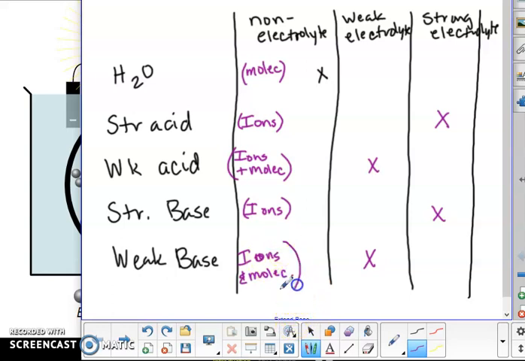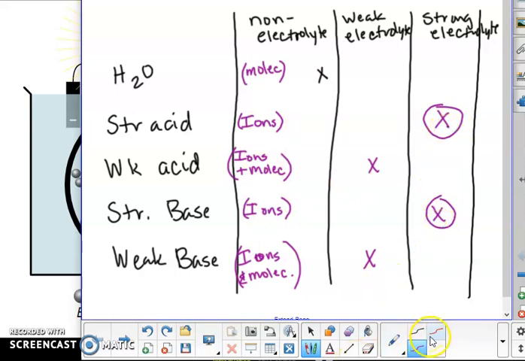Now, what is the big picture? That's important. Why would I even show you this? I mean, electrolytes, acids, bases, what is the importance of that? Well, it is important to notice that the strength of the acid matters, and the strength of the base matters. In fact, you would notice that the two strong ones have more ions to conduct more electricity.